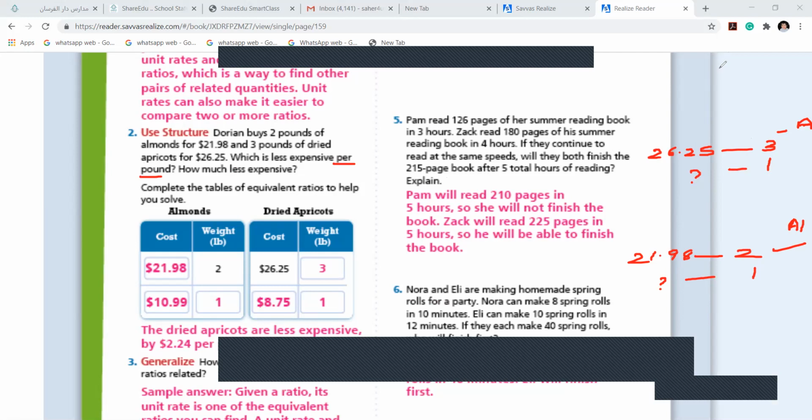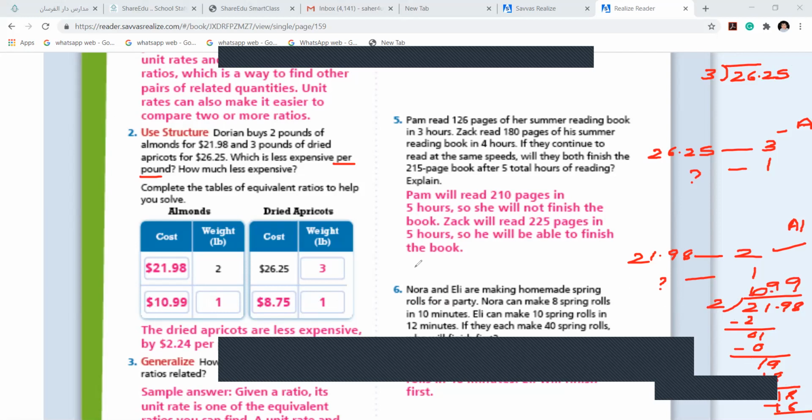You need to do this, girls. When I divide, I get 10.99 here.